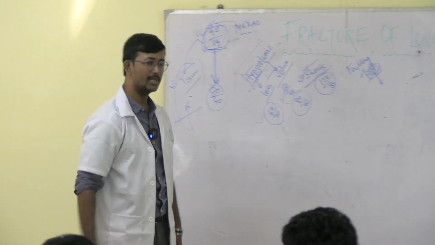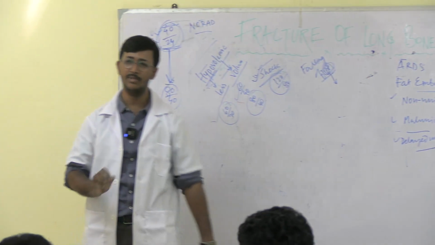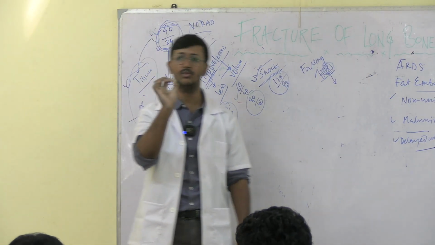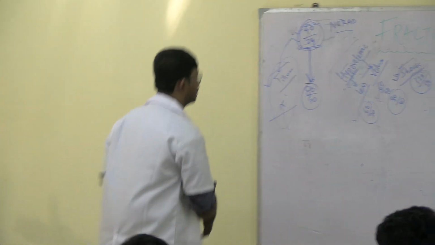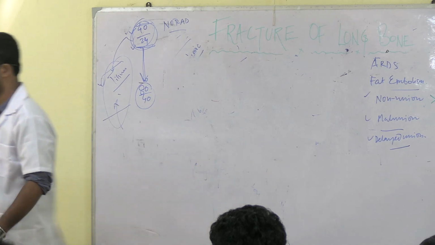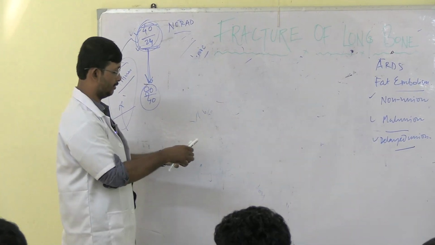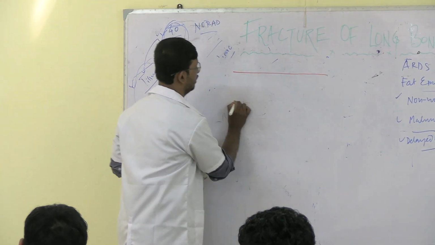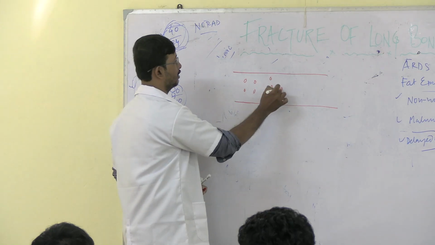Now coming to some points about ARDS and fat embolism. Emboli is a blood clot. Suppose a thrombus has formed. Suppose there is a blood vessel, through which RBCs are flowing.